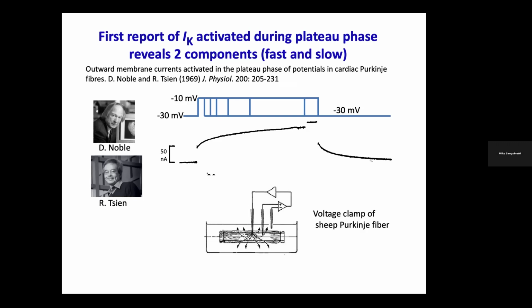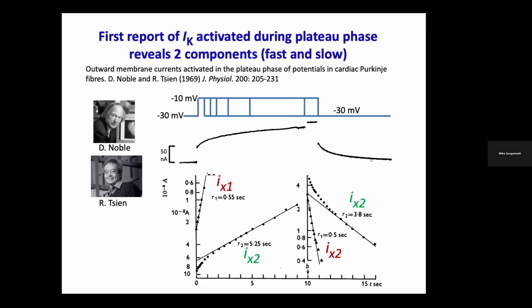But upon repolarization to -30, you can see a different current, decay. That's called a tail current, or the deactivation of the current that's activated during the depolarizing pulse. And they did these experiments in sheep Purkinje fibers, which is a multicellular prep, which led to some problems.